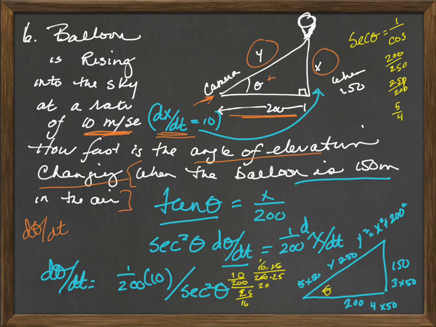The 16 would become, divide by 4, that would be 4 and 5. And so we got 4 over 125. So that's what we would have. So d theta dt is equal to 4 over 125 radians per second. And there you go. That's the answer to number 6.